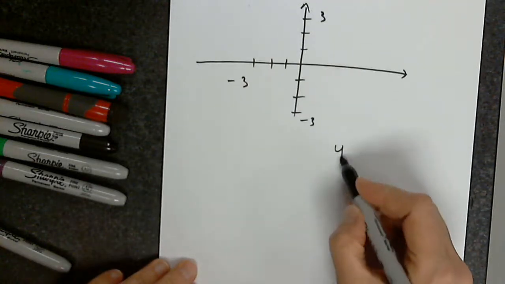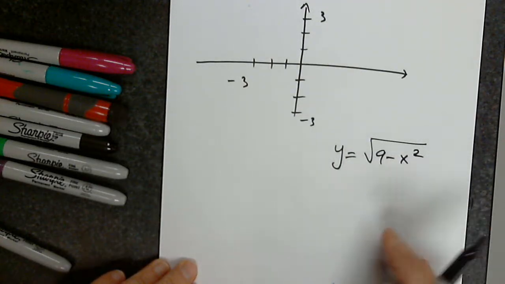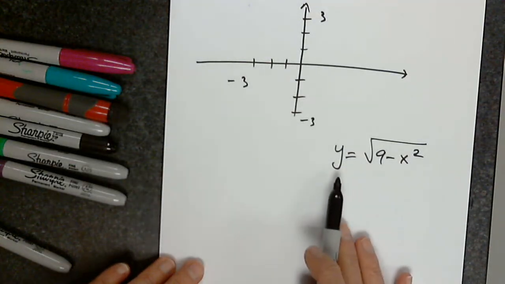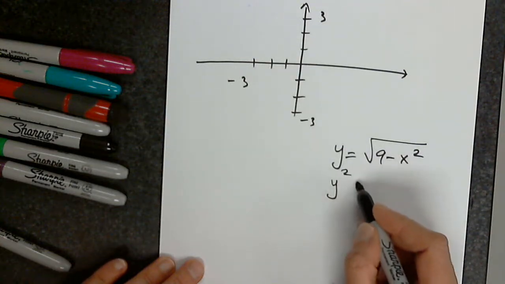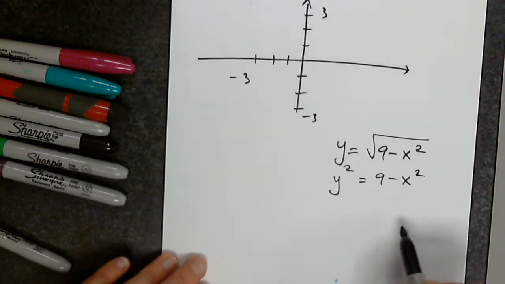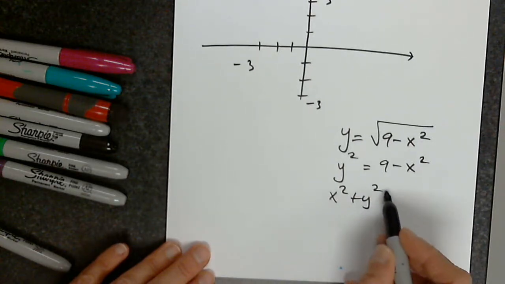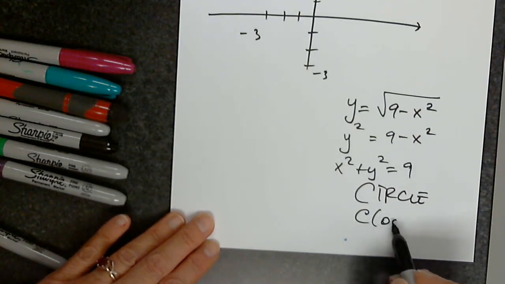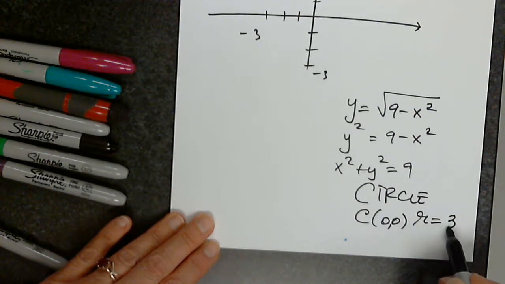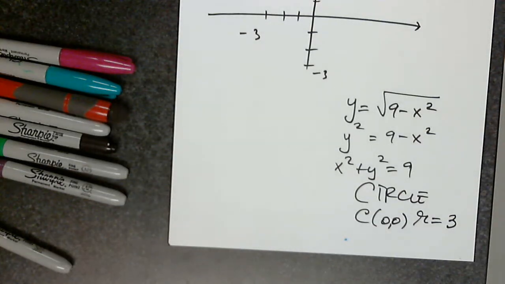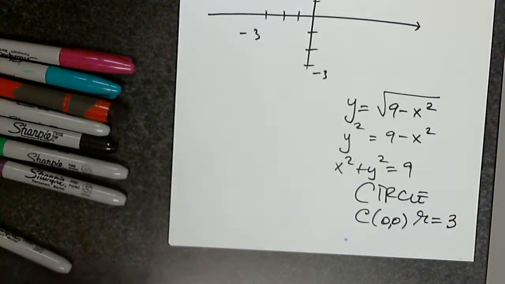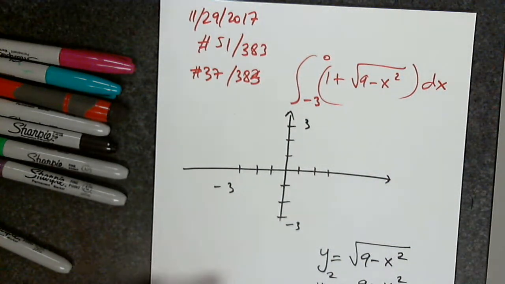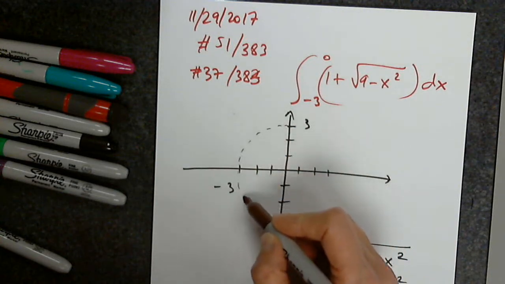So if I look at y equals the square root of 9 minus x squared, and for a second, bear with me, I want to square both sides, then I have y squared equals 9 minus x squared, and I put it in the correct order. This is a circle with a center at the origin with a radius of 3. Don't graph it just yet because I did not add in the plus 1. I will do that in a second.